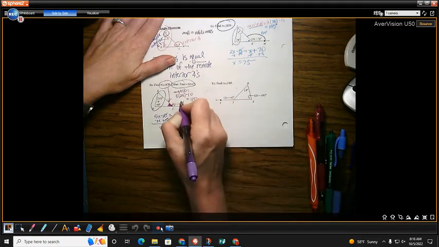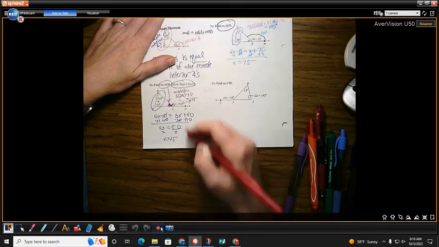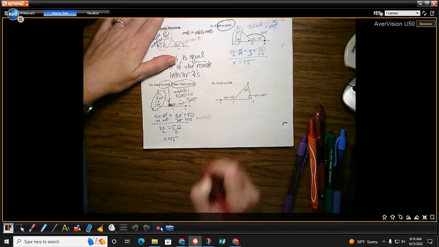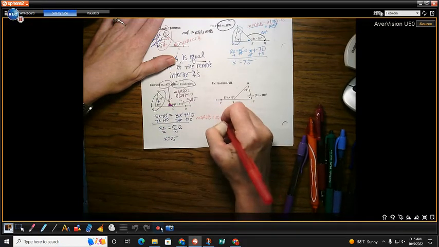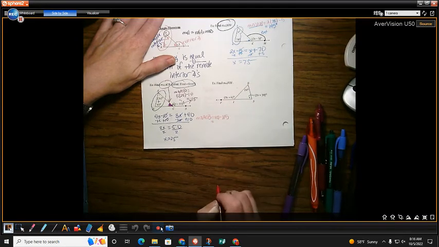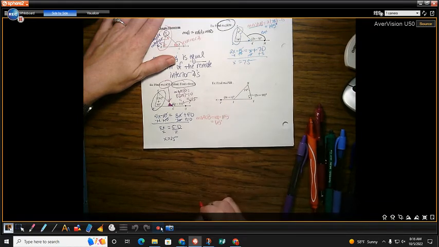Okay? So this angle is 115. But that's not the angle I wanted. So now, how do I find the measure of angle ACB? Subtract it from 180. Yes, since they're a linear pair, I can do 180 minus the 115, which comes out to be how much? 65? I'll believe you. And don't forget the degrees, because it's an angle.